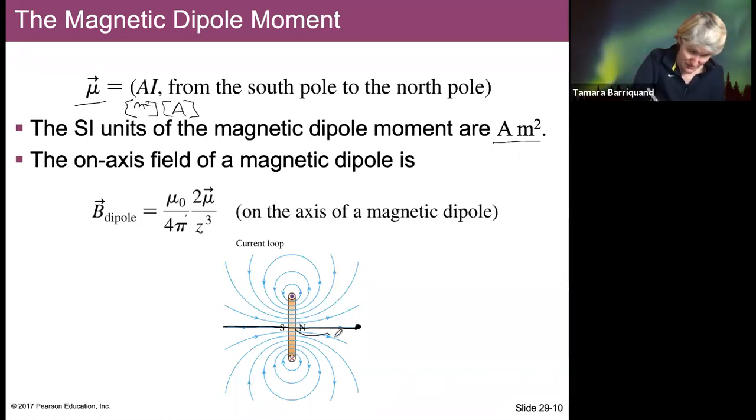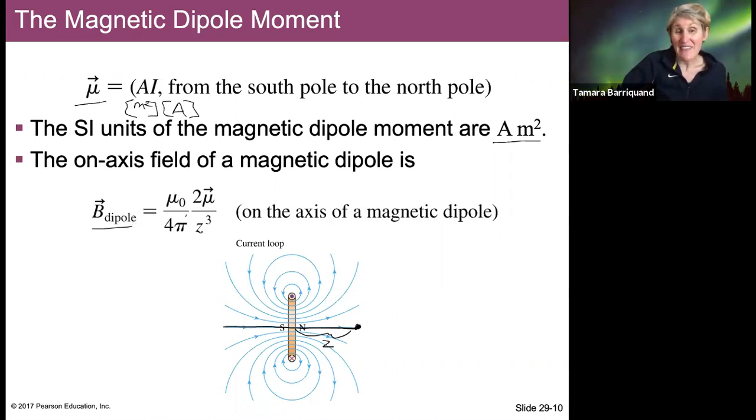This will be our distance z, and that will give us our magnetic field due to our magnetic dipole that we have from our current loop for an on-axis magnetic field.